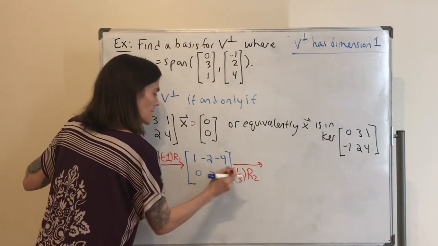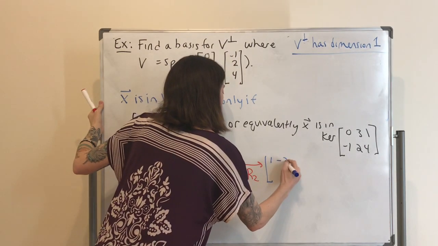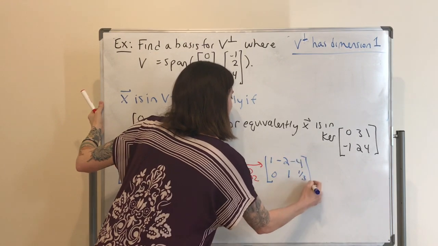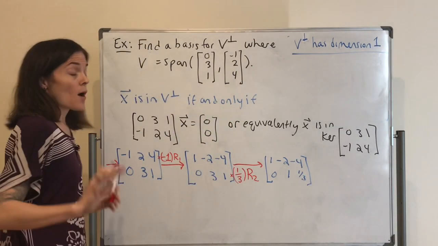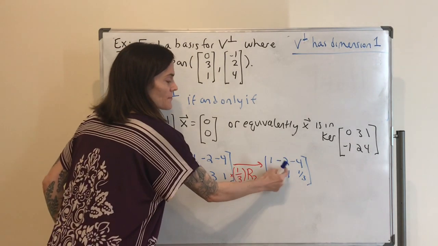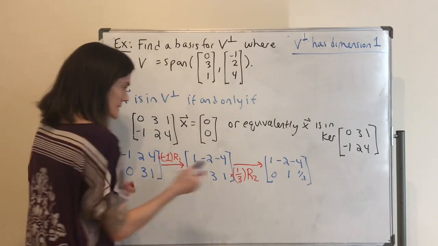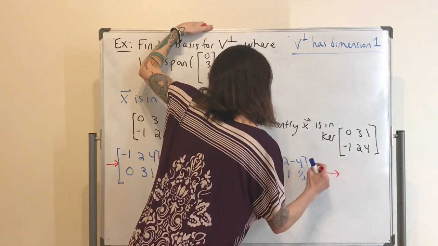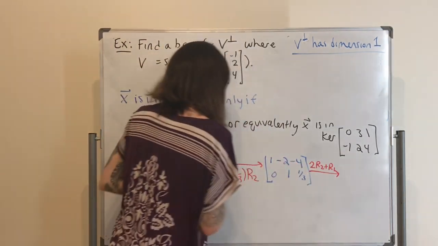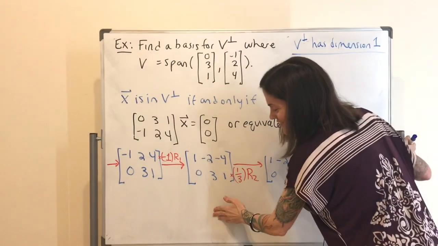Then I have 1, minus 2, minus 4, and 0, 1, 1/3. I'm almost at reduced row echelon form. I just need to make this minus 2 that's above this 1 a 0. So I can take 2 times row 2 and add it to row 1, and then I will be in reduced row echelon form.